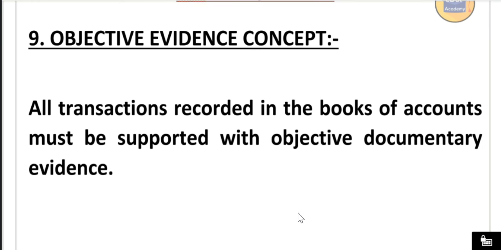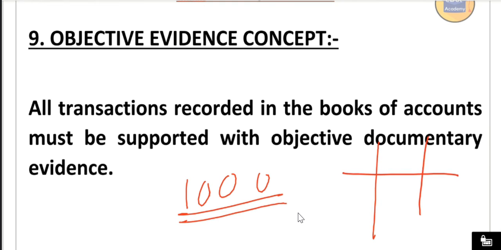That document may be a bill, an invoice, a tax invoice, whatever is there. Suppose you are paying 1000 rupees for some raw material, that must have your tax invoice or bill to support it. Simply, something coming in your mind and you recording it is not enough. It must have some evidence, so this is called the objective evidence concept.